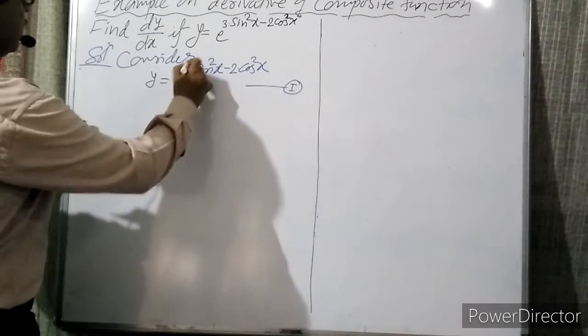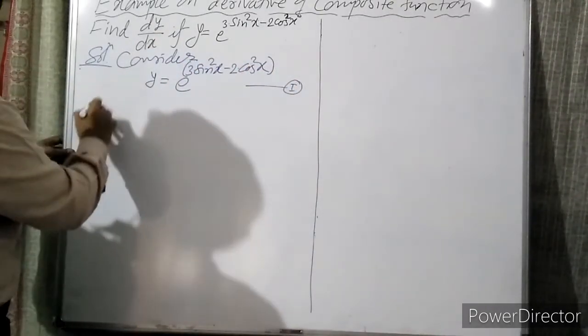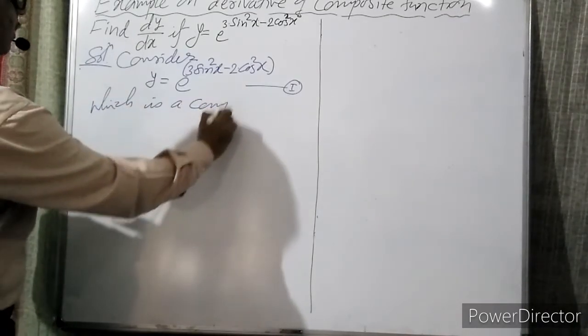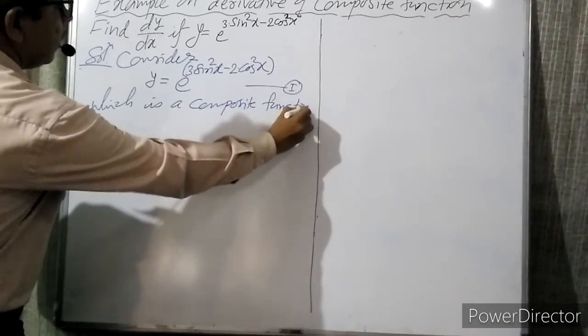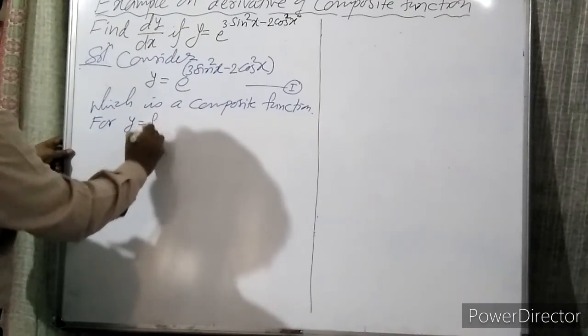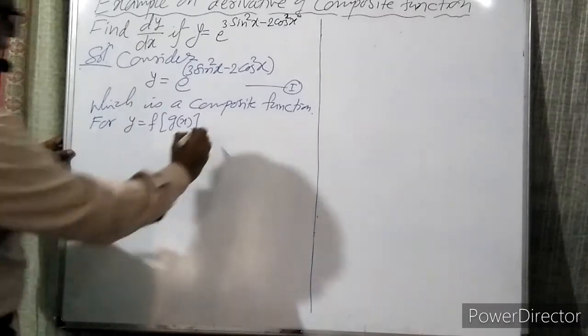So see, this is the inner function, a composite function for y is equal to f of g of x. This is the composite function by chain rule.